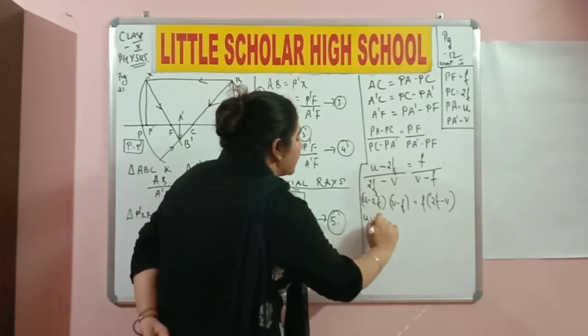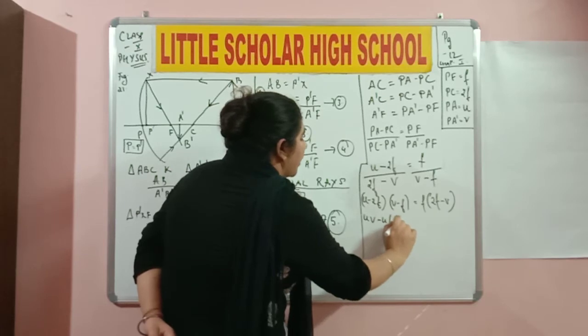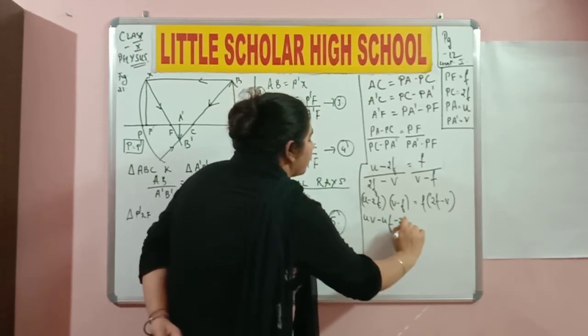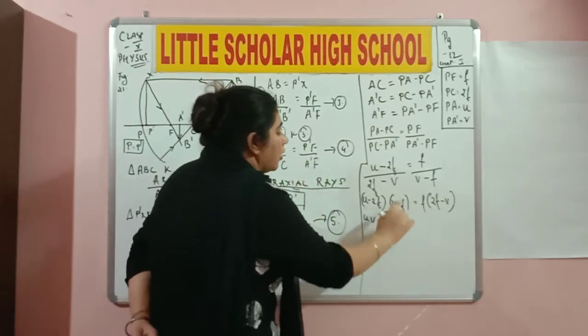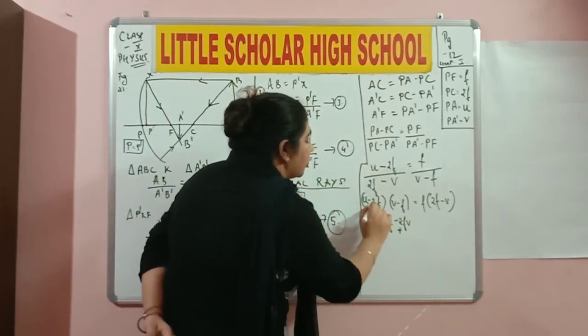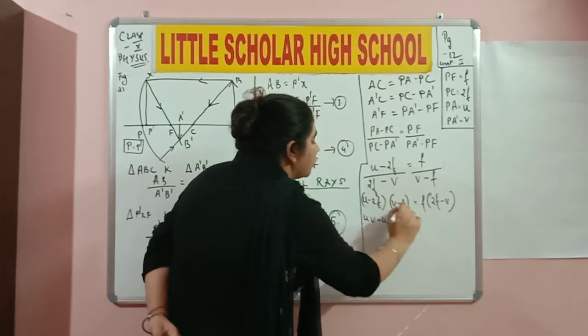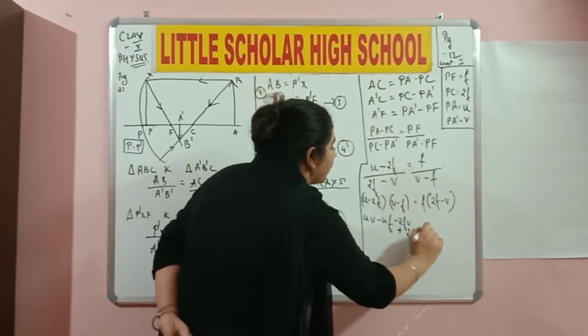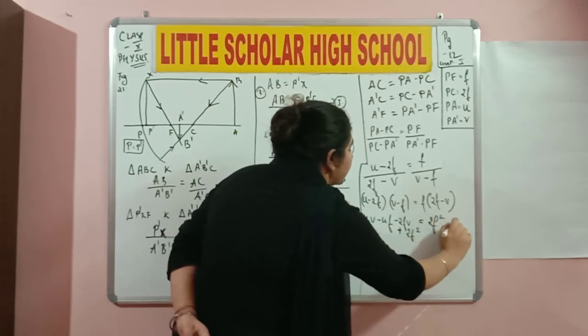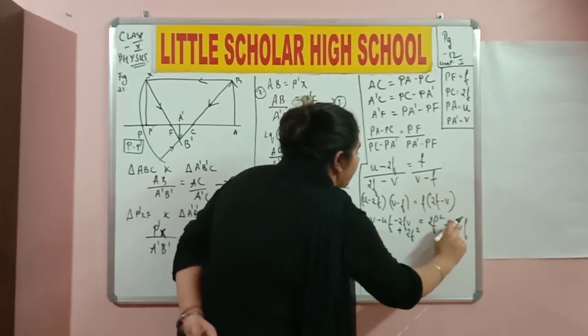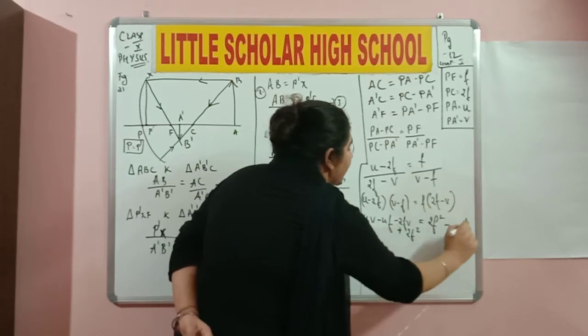UV minus UF minus 2FV. Did you understand? And plus 2F into F, 2F square, is equal to 2F square minus VF.